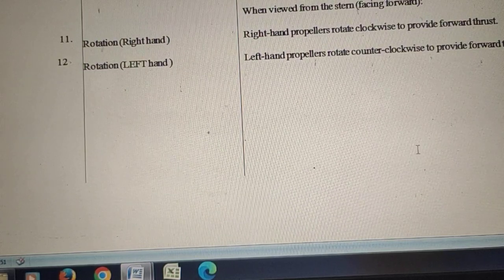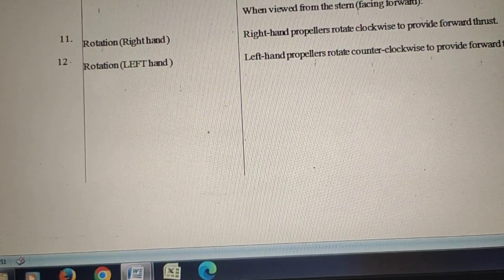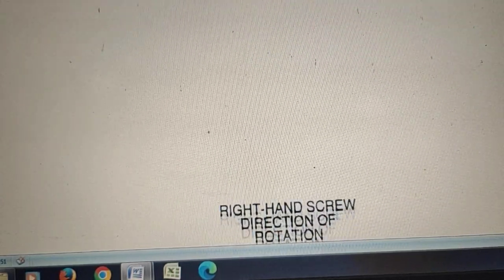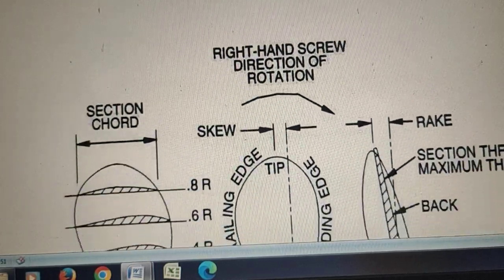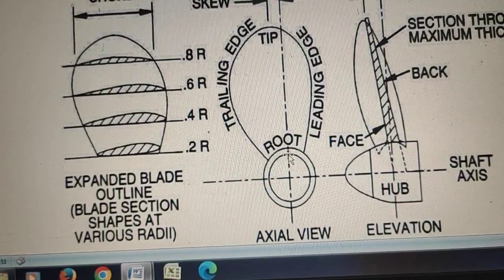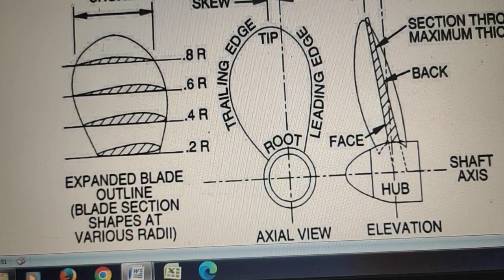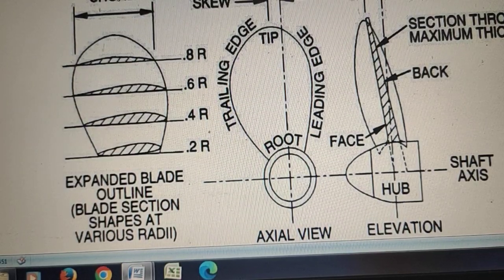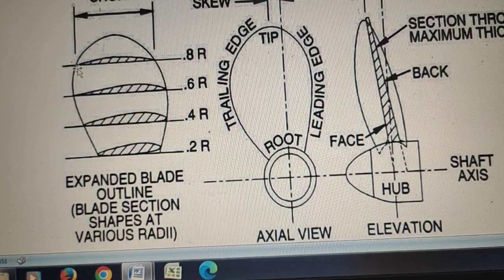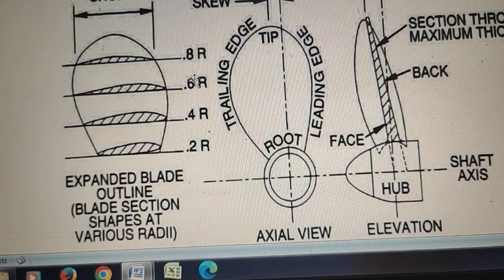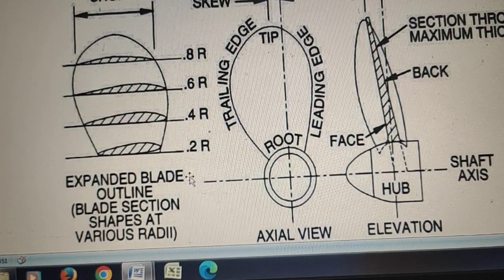Then the propeller can be right hand, as I showed you, or left hand. In a screw, you can have a left-handed screw and a right-handed screw. Still, they are all going forward. So here is additional, you can see the rotation. This one is clockwise, and this one is the other. This is the chord section, as it is called, because it is aerofoil sections at different radii from the center.